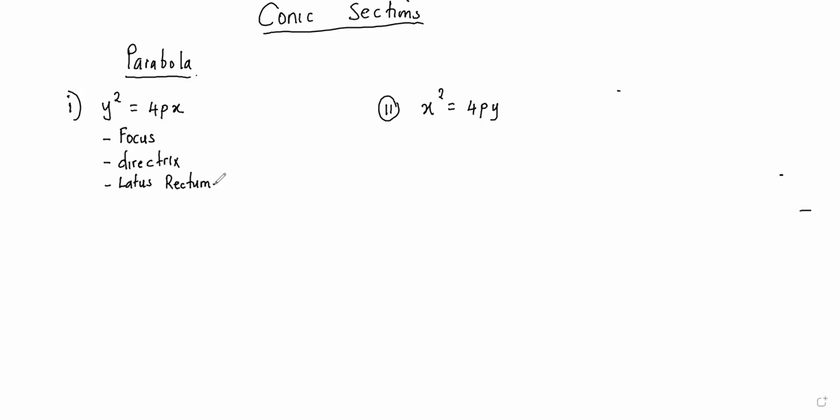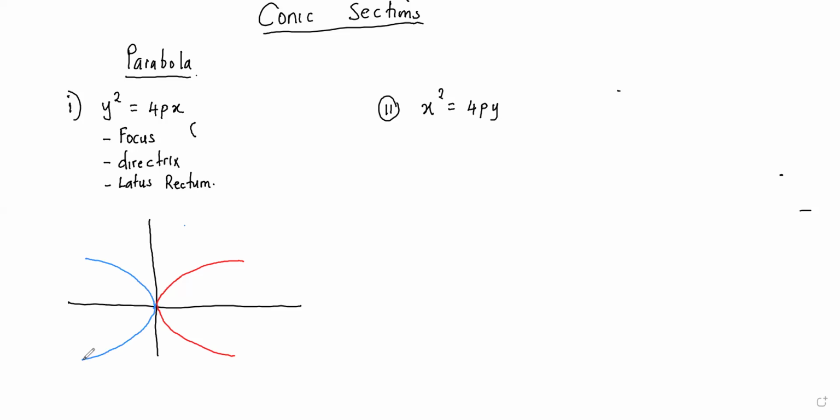Okay, so now the focus in this case, since whenever I have y squared, our graph will have either one of this kind or one of this kind, both with the vertex at the origin.